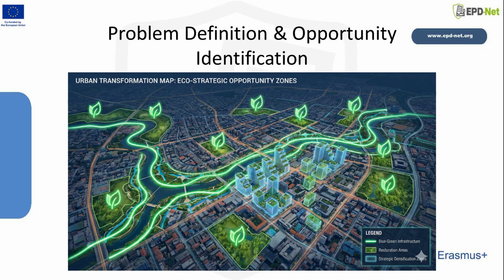These insights are translated into clear spatial problem statements that explain where risks occur and why, such as heat-exposed neighborhoods, flood-prone infrastructure nodes, or fragmented ecological networks. At the same time, the analysis highlights opportunity zones, including blue-green corridors, restoration areas, and locations suitable for strategic densification. Together, these problem and opportunity definitions provide a focused spatial basis for developing eco-responsive planning scenarios.